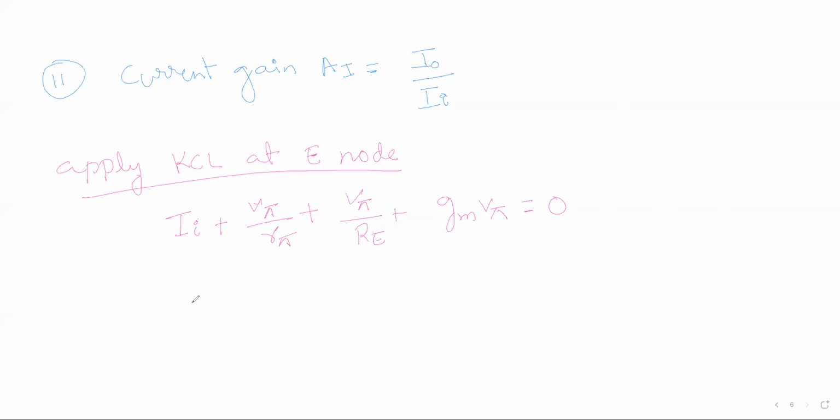Now what should be the Ii? V pi times 1 by Re plus 1 by R pi plus gm is equal to minus of Ii.